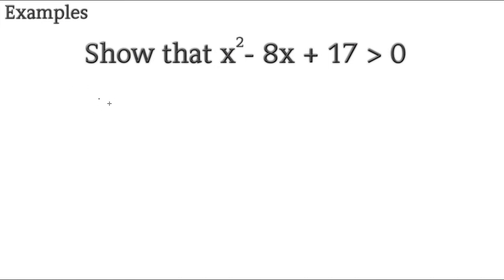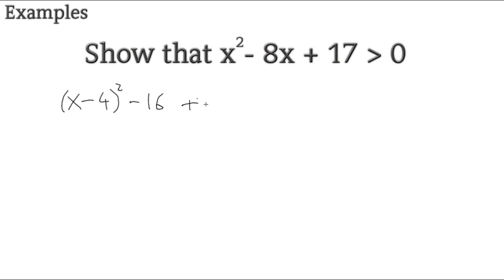So let's get started. To complete the square, you take half of the value of the x term, which gives us minus 4. So we've got x minus 4 all squared, and that minus 4 yields us a plus 16, so we take away 16 to make this x squared minus 8x.